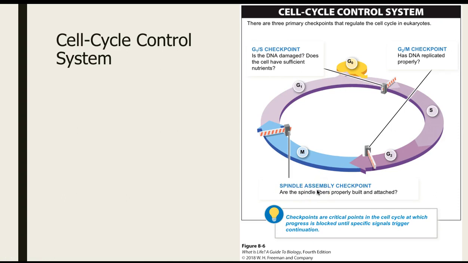But basically, the spindles are fibers that attach to the chromosomes and actually pull those chromosomes apart and separate them. So we want to make sure that those spindles have attached properly to the chromosomes. If that checkpoint gets passed, then we can go ahead and complete our cell division process.